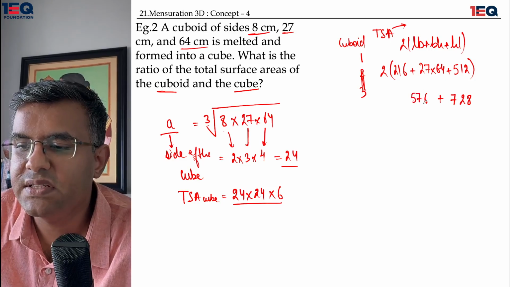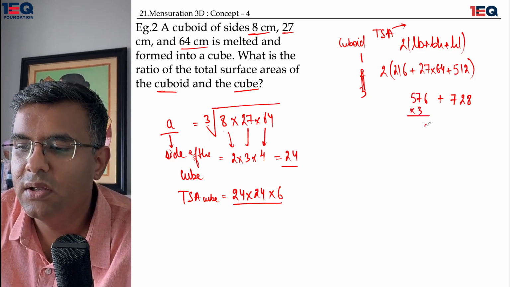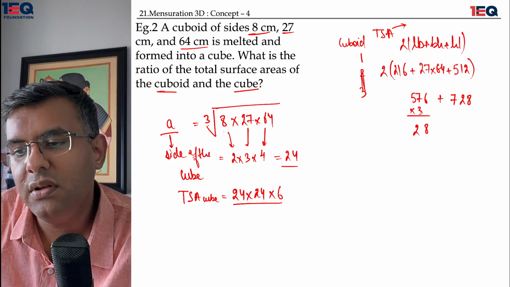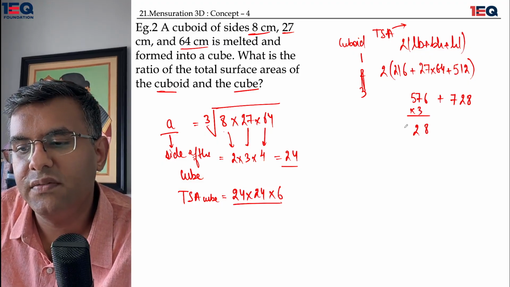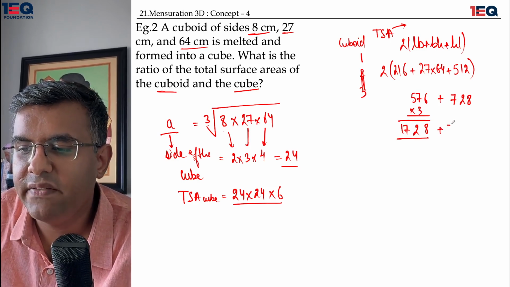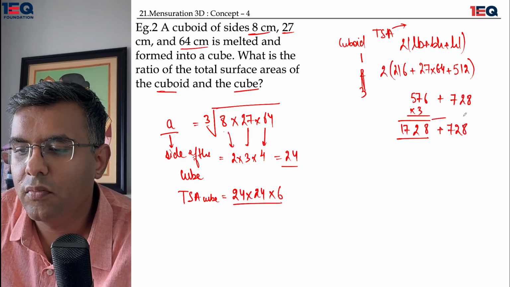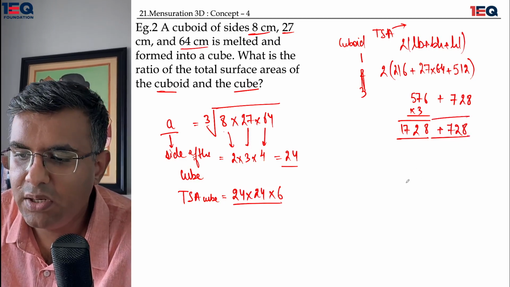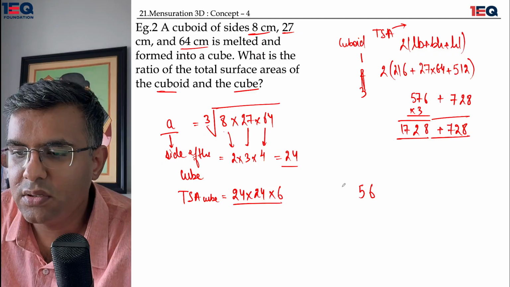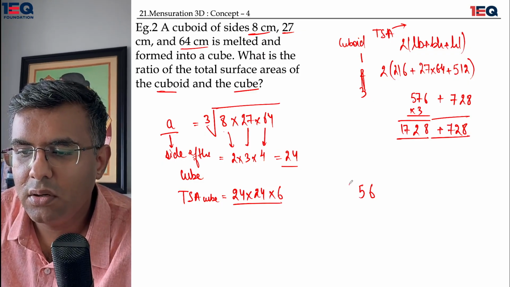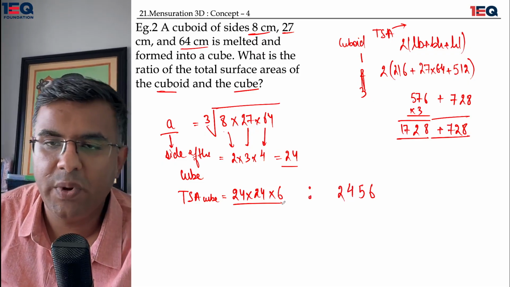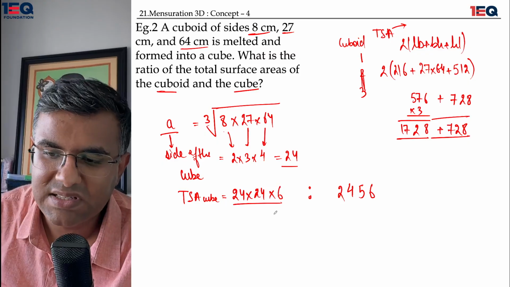This is 576 multiplied by 3 again. 3 sixes are 18, 3 sevens are 21, 3 fives are 15, so we have 1728 plus 728. This would give me 56 here and 24 here. So 24 into 56 is 224 into 24 into 6.